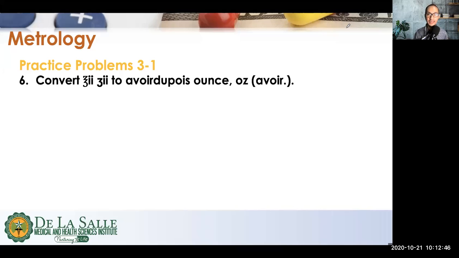The next two problems would involve interconversion between the avoirdupois system and the apothecary system. Now, what do you have to remember when you do interconversion between these two systems of measurement? In common language, when you ask somebody outside of the pharmacy profession, this is just the English system. Remember that the avoirdupois system and the apothecary system is simply the English system, and you are correct, Mr. Vega.